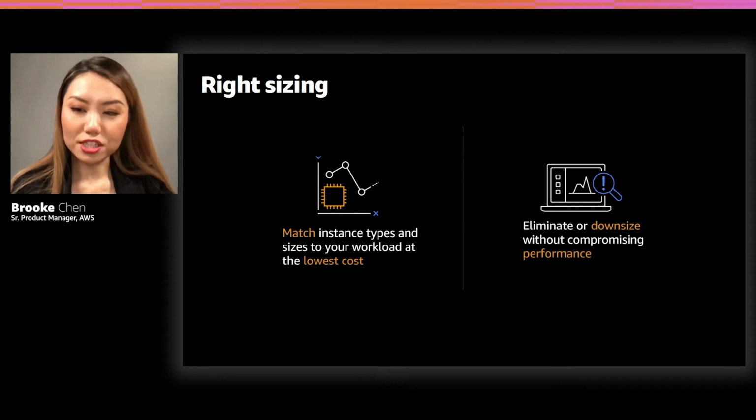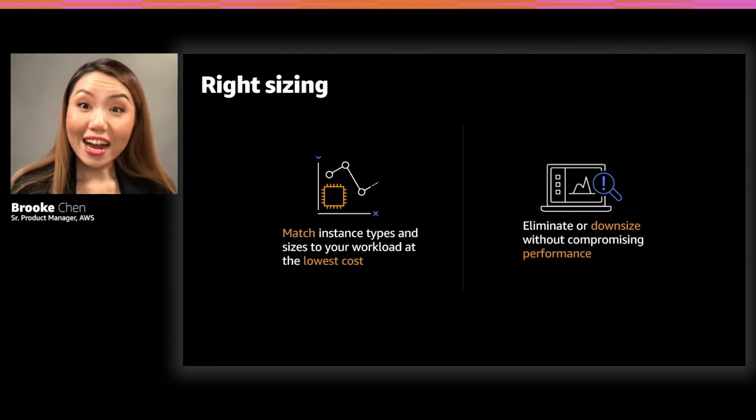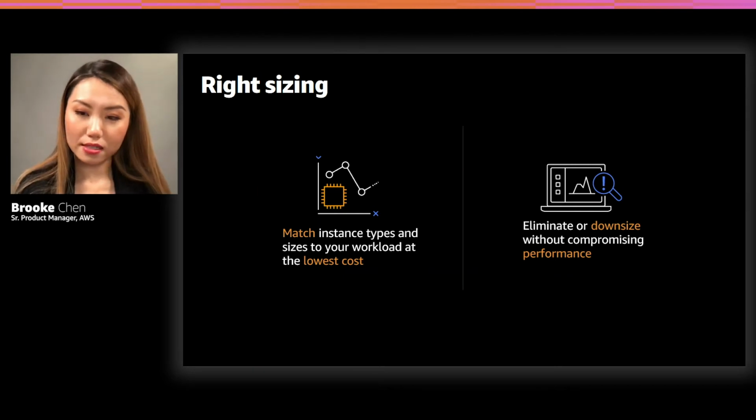Think of it as grocery shopping. You want to buy just the right amount of food, nothing more and nothing less. Overbuying leads to waste, and underbuying leaves you hungry. Right sizing means provisioning the appropriate amount of resources for your workloads, so you can meet your performance expectations with the lowest possible costs.